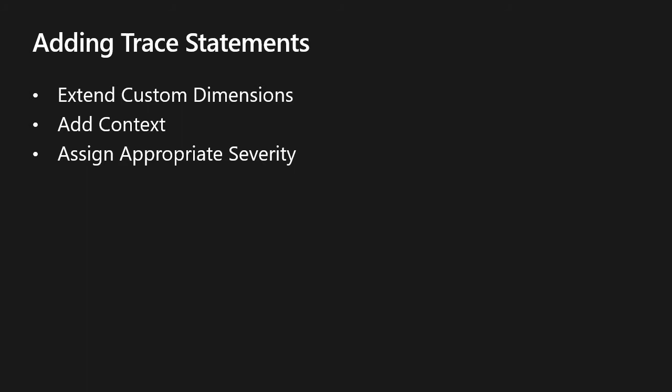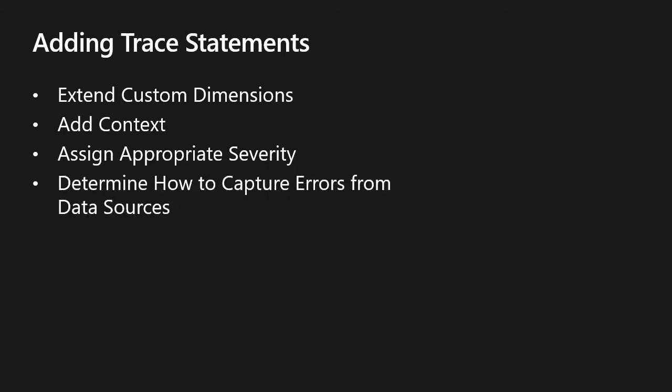If that doesn't happen, then we definitely want to notify support, maybe even notify a live agent, as well as track that information within App Insights so that we can now run an alert on it as well. Finally, we want to use it to help determine how we can capture errors from data sources.